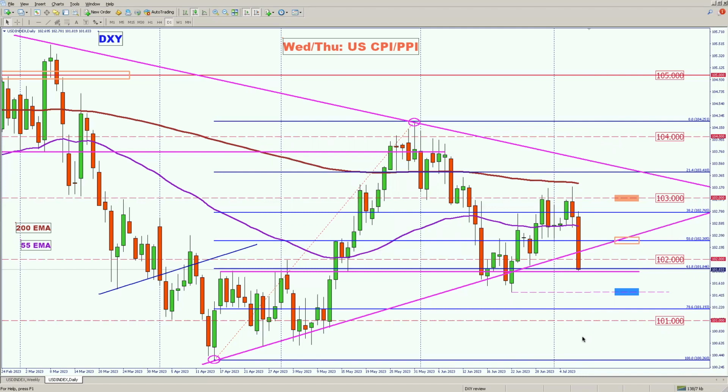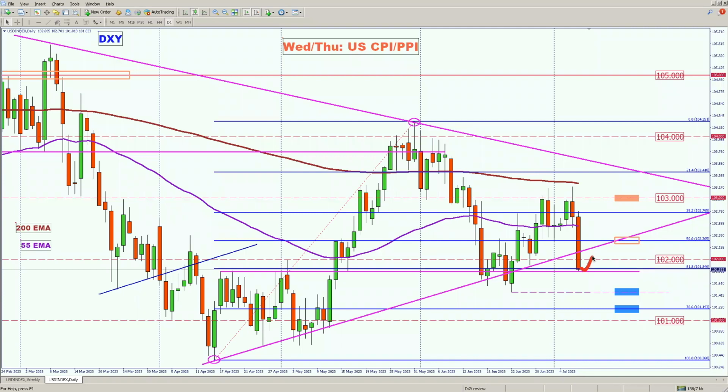Okay. So if it does break down lower, there is still another critical support at the 786 fib retracement. So we'll see whether it's going to dip down that far.